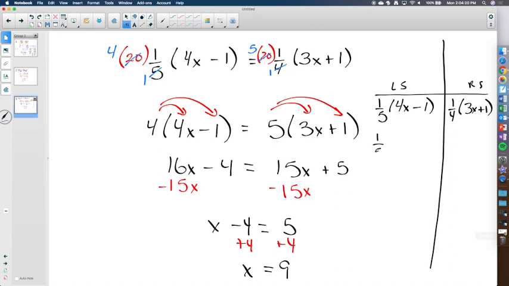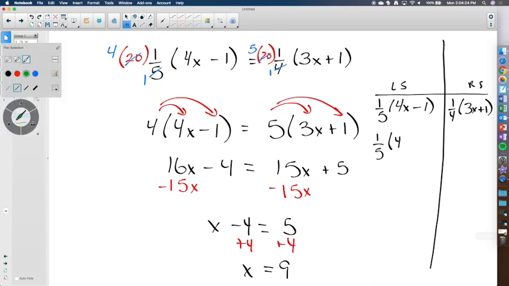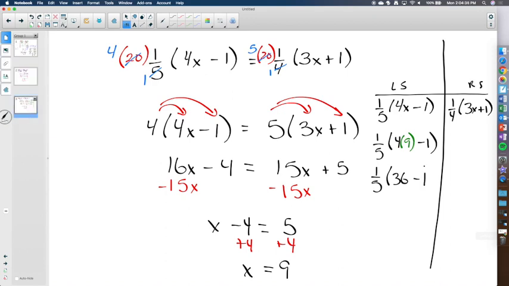So I had 1/5 times 4 times, and I'm going to fill in my value of 9 instead of x. So now I have 1/5 times 36 minus 1, and that becomes 1/5 times 35. And 35 times 1/5 is the same as 35 divided by 5. And that gives me 7.